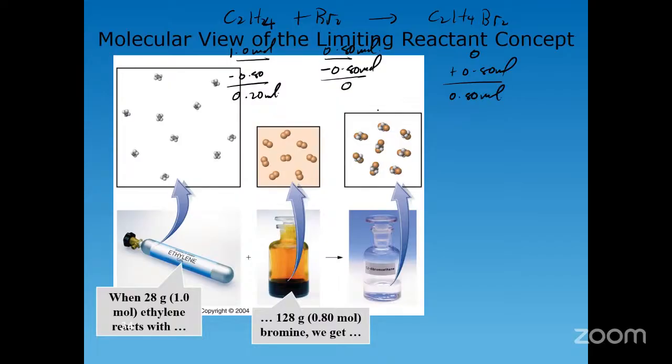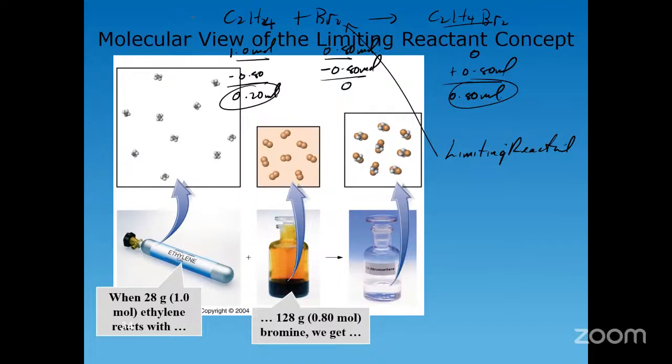So after the reaction is completed, after the limiting reactant is used up, you're going to have only 2 substances left behind. You're going to have 0.8 moles of the product, and you're going to have the leftover ethylene remaining, right? So in this particular case, the bromine would be the limiting reactant, right?